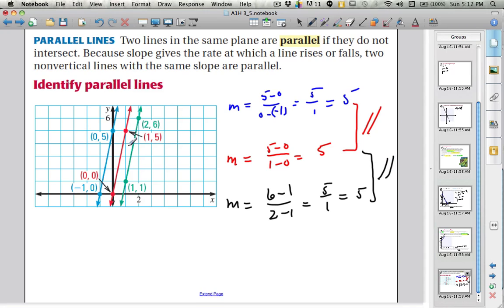If I'm confused and not sure, sometimes maybe they're very close to the same, but they're eventually going to intersect. The geometric definition of parallel lines is two lines that never intersect. The algebraic definition is that they're lines that have the same slope. Okay, so that's what we have in this case. Three separate lines, they all have the same slope. They are all parallel to each other.